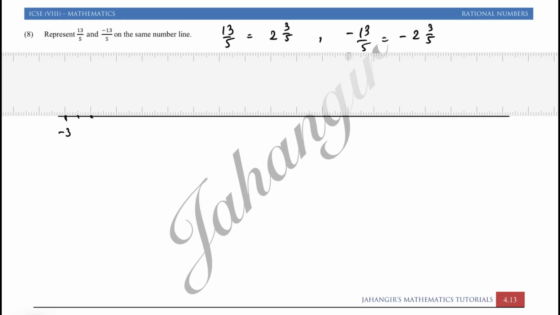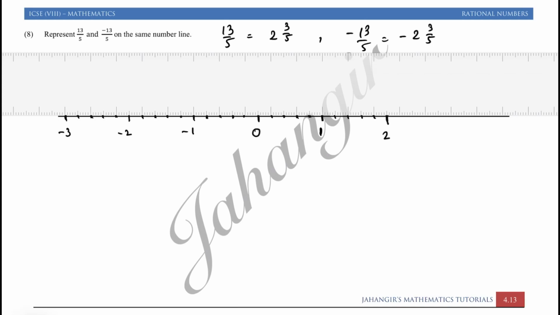1, 2, 3, 4, 5. This is minus 2. 1, 2, 3, 4, 5. This is minus 1. 1, 2, 3, 4, 0. 1, 2, 3, 4, 5. 1. 1, 2, 3, 4, 5.